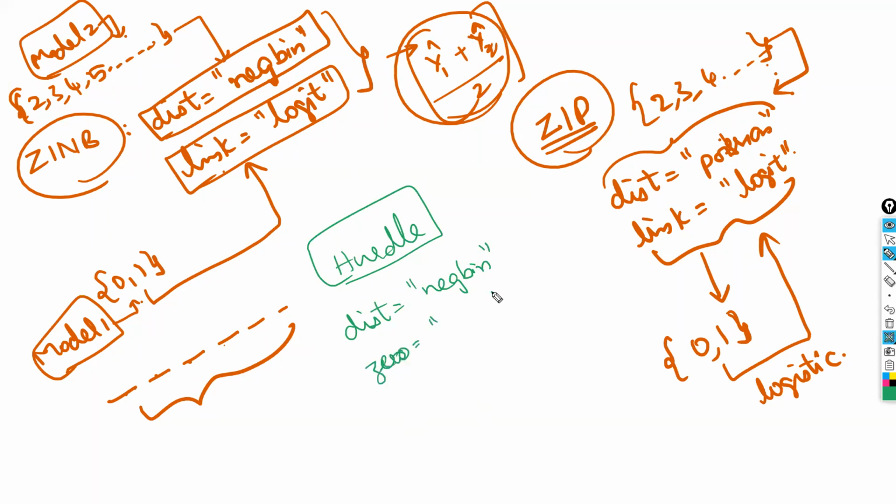Like the link function, there'll be something called zero. In zero also, you mention what algorithm you want to use. Do you want to use Poisson or negative binomial? Which option you want to use is something you can mention upfront. Okay, so that's the thin line of difference. Both of these work in a similar fashion, zero inflated models and hurdle models.